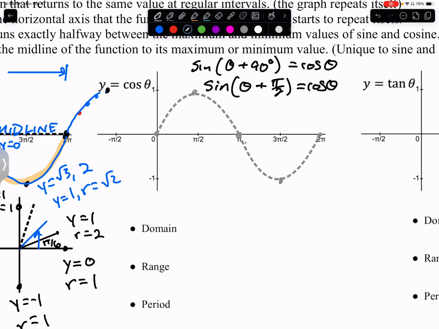So if we just take each of these points that we see here on sine and shift them to the left, pi over 2, we would get these points. So I'll make sure it's clear what I'm doing.